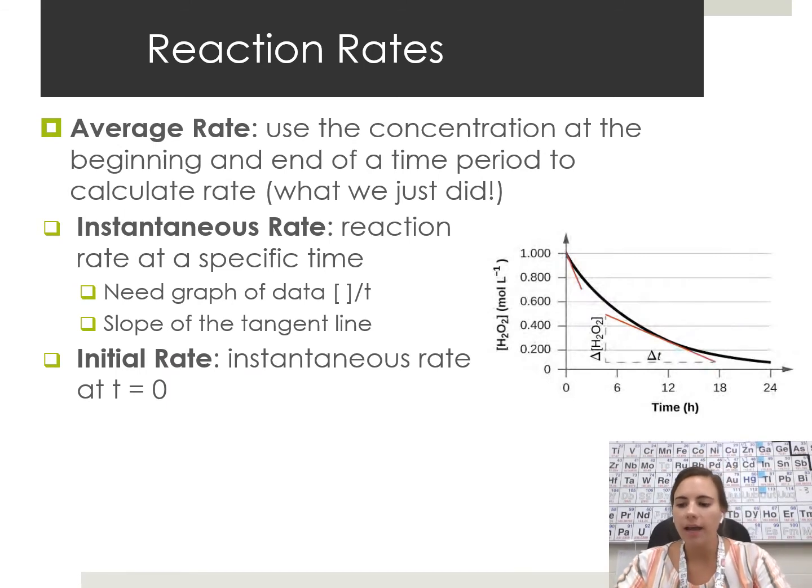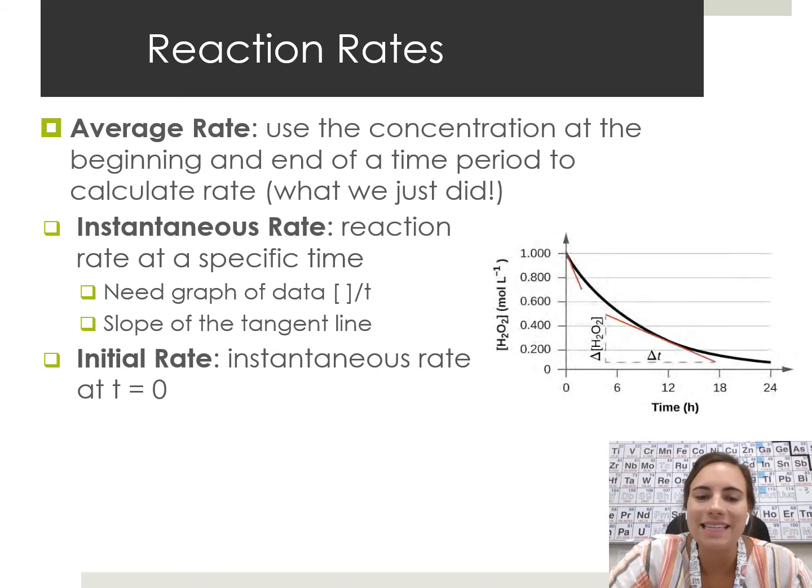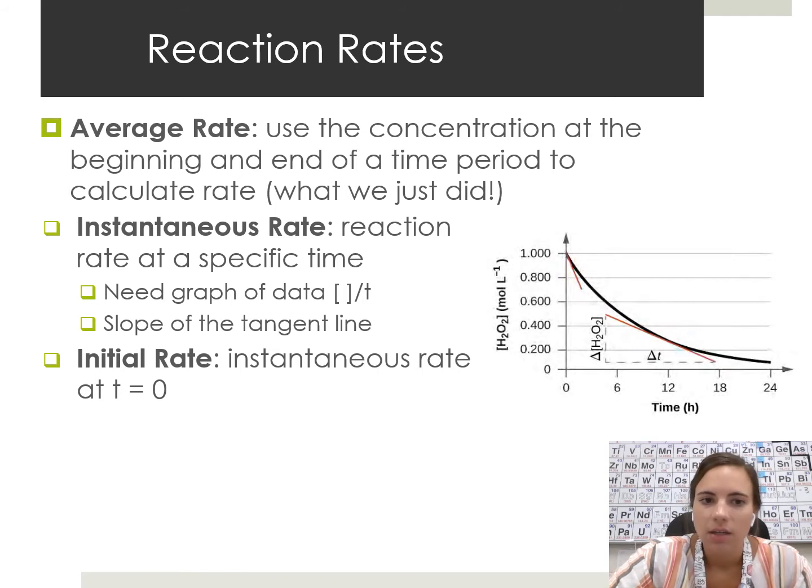So we can kind of calculate 3 different rates. We have the average rate, which is the concentration at the beginning and end of a time period. So that's what we just did in these previous slides, we calculated an average rate over a time. There is an instantaneous rate, which is the reaction rate at one specific time. If you've taken calculus, you know that that is the slope of the tangent line. You absolutely do not need to be able to calculate that.